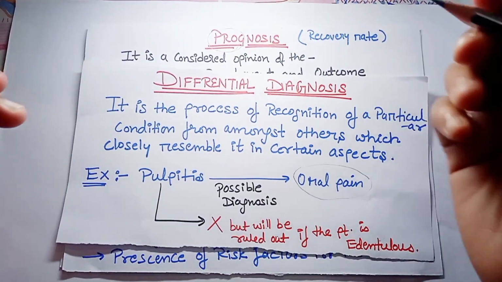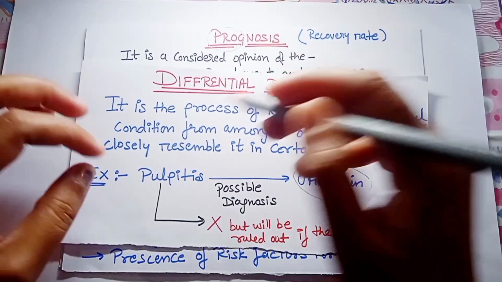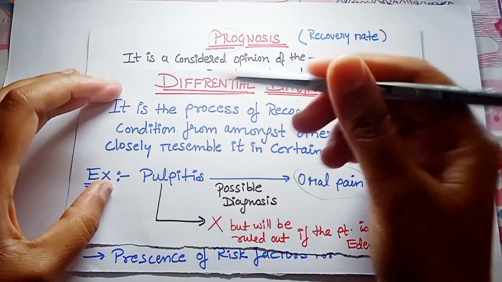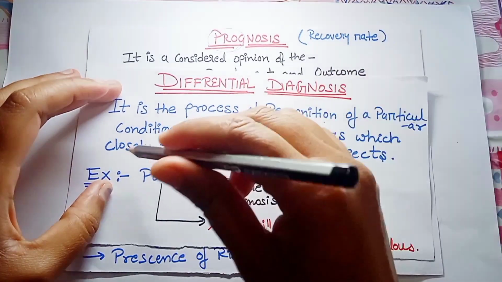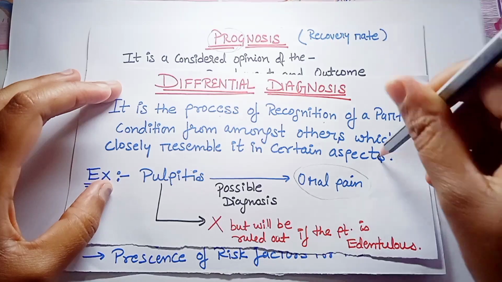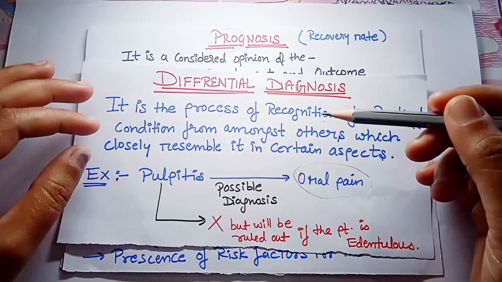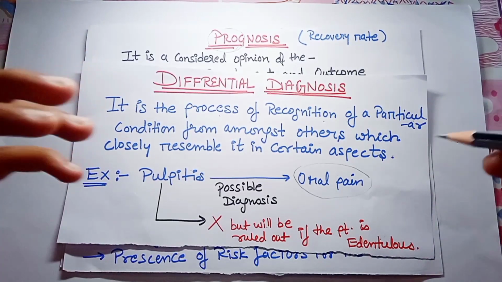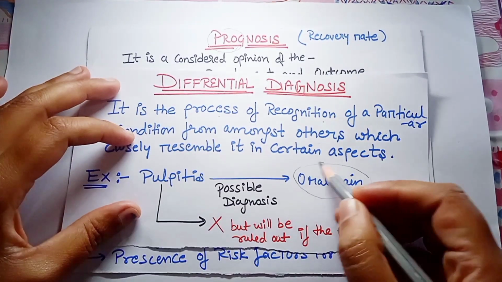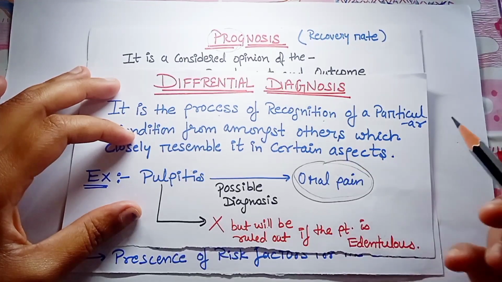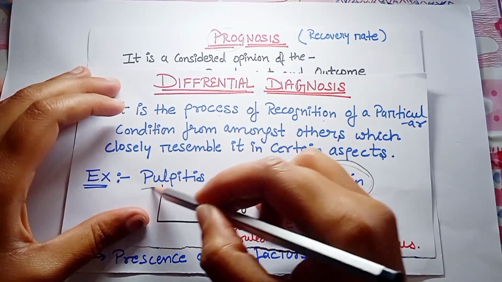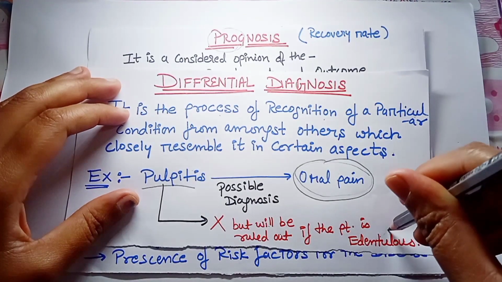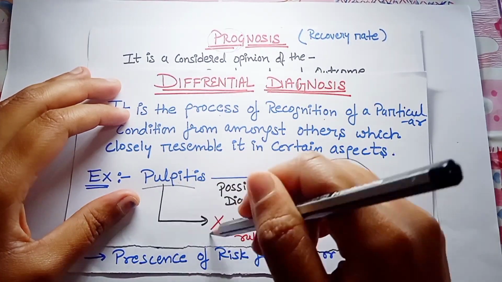Differential diagnosis. Differential diagnosis is the process of recognition of a particular condition from amongst others which closely resembles it in certain aspects. For example, if the patient complains of oral pain, what could be the possible diagnosis of oral pain? We can say he may be suffering from pulpitis. But if the patient is edentulous, then this diagnosis will be ruled out.